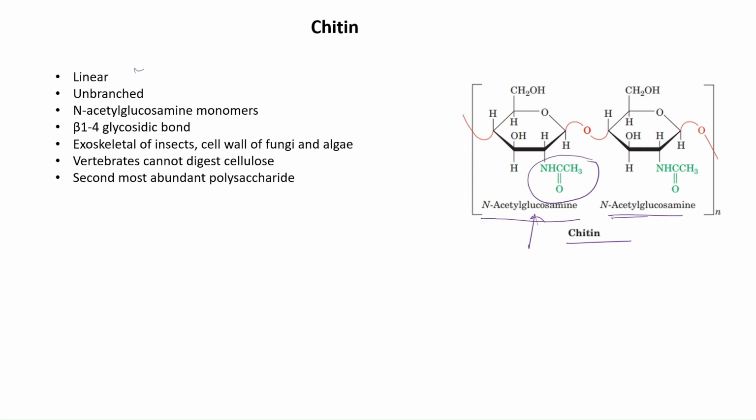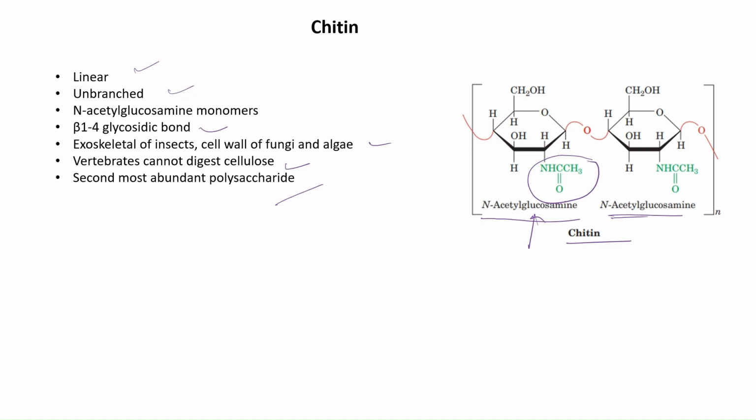These are also linear, unbranched, with beta 1,4 glycosidic linkage. These are found in the exoskeleton of insects and the cell wall of fungi and algae. Like cellulose, we cannot digest chitin as well because it is also in beta form. Chitin is the second most abundant polysaccharide in nature, and the most abundant is cellulose.